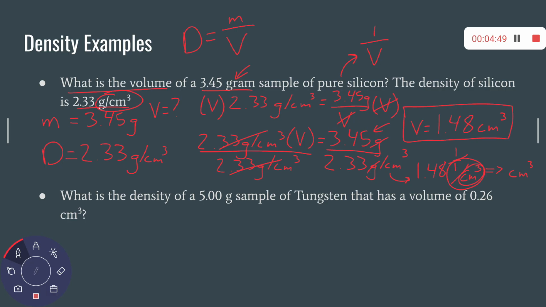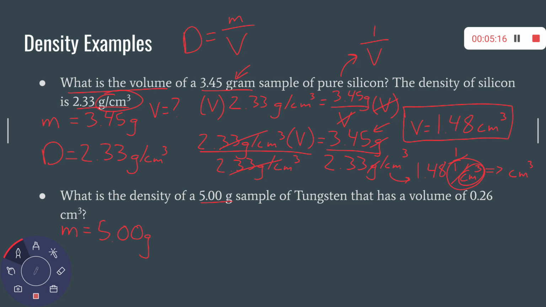Now, if we look at the next problem, we're going to follow the same set of steps. What is the density of a 5.00 gram sample of tungsten that has a volume of 0.26 centimeters cubed? First thing I'm going to do is my bookkeeping. I'm given this value, 5.00 grams. I know that this is a mass because my units are grams.